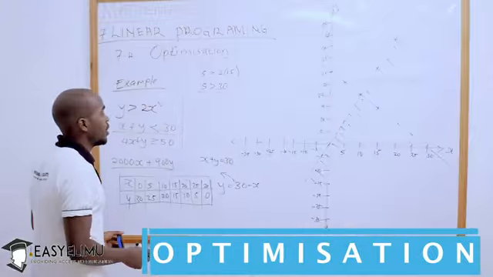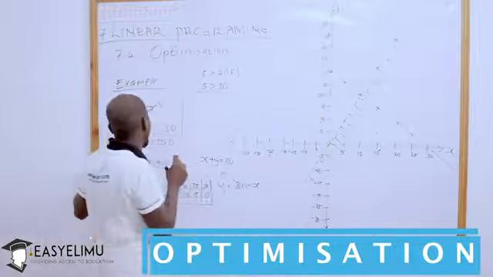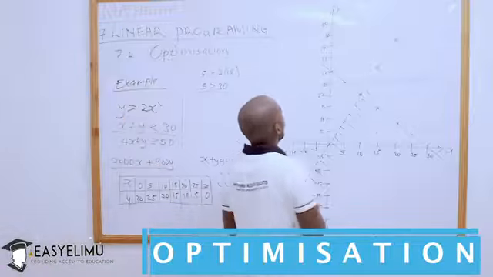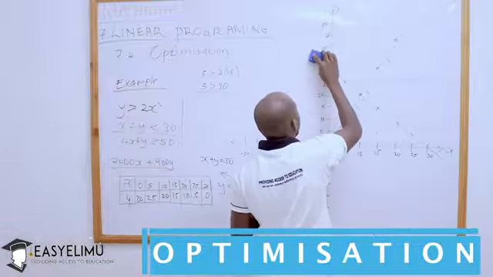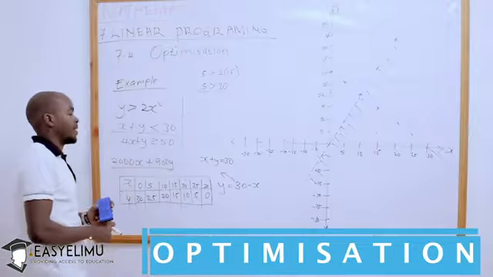On plotting, we shall draw a line like that, and remember that line will be dotted because this one is less than. So it will be a dotted line like that.